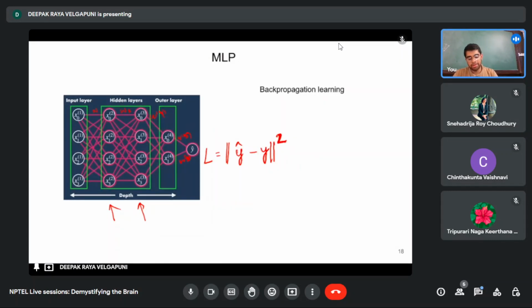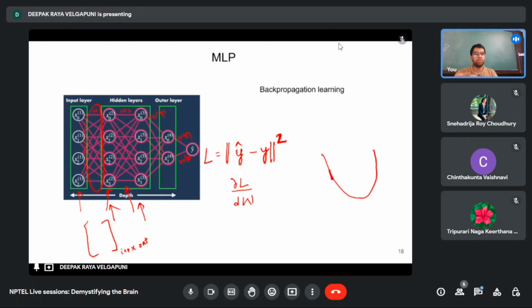Let's say this is a matrix of size input size cross output size, and you can model this whole set of connections as a matrix. For every hidden stage you have this, and you actually want to learn the weights. So with respect to the weights, you want to move down the slope.